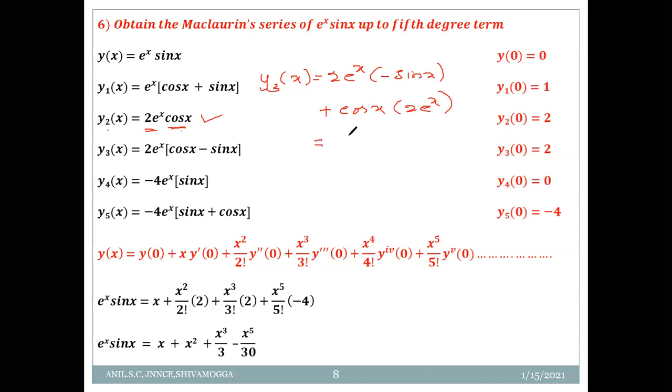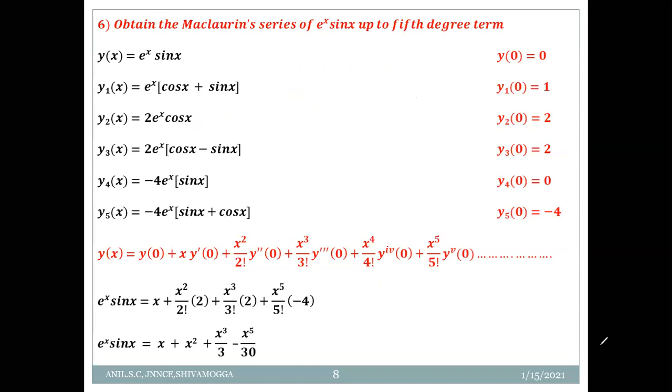This is equal to, here 2 into e power x is common in both the terms, keep it outside. What you get inside is cos x minus sin x. 2 into e power x into cos x minus sin x.